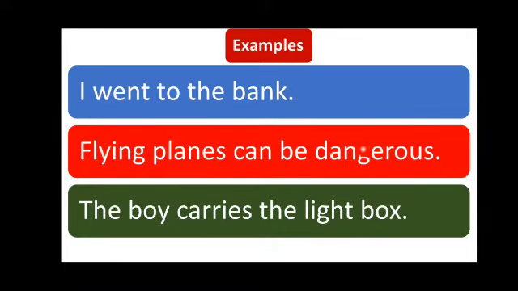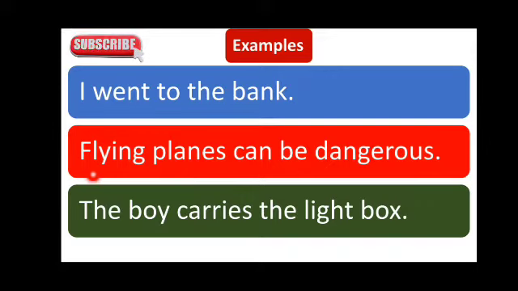Some more examples of lexical ambiguity. I went to the bank. Which bank? Bank also has two meanings. Whether you went to a financial bank or you went to a river bank. Which one? So this is also an example of lexical ambiguity. Or flying planes can be dangerous.